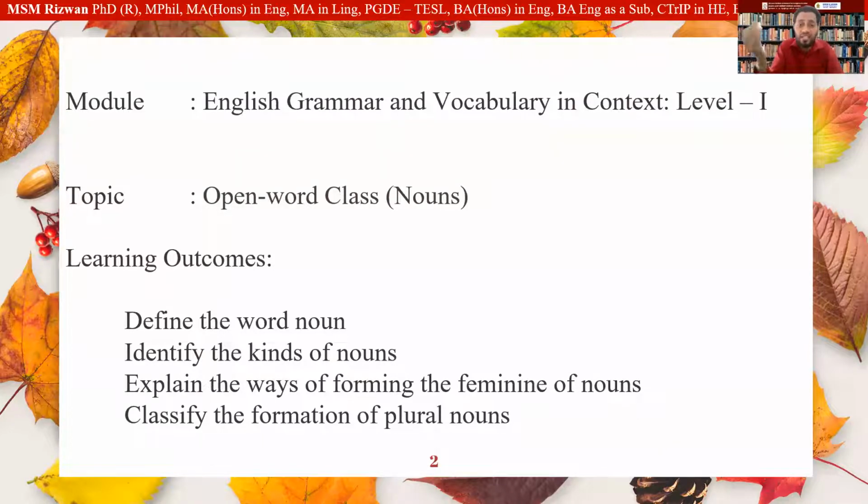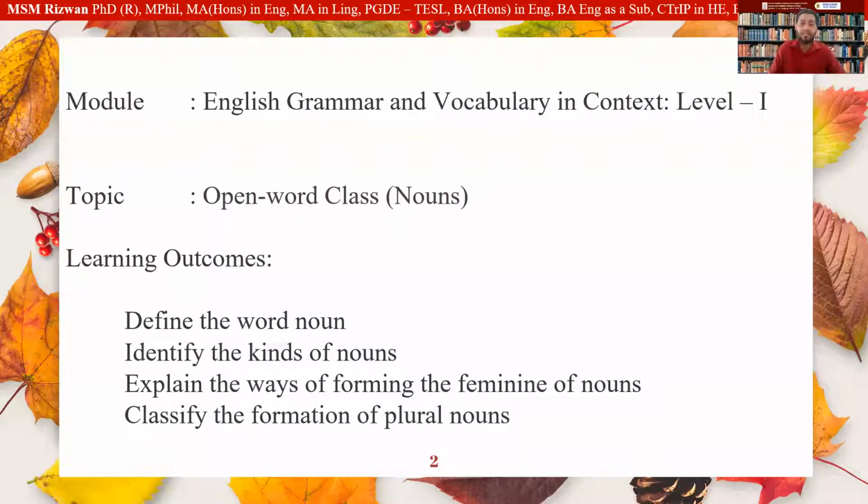Other than that, we can't make any more pronouns in English. But on the other hand, open word classes mean many words can be developed and made in English.